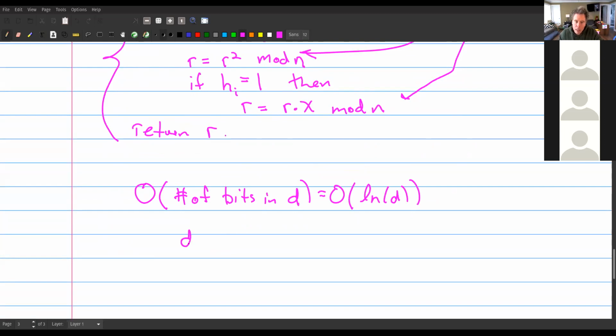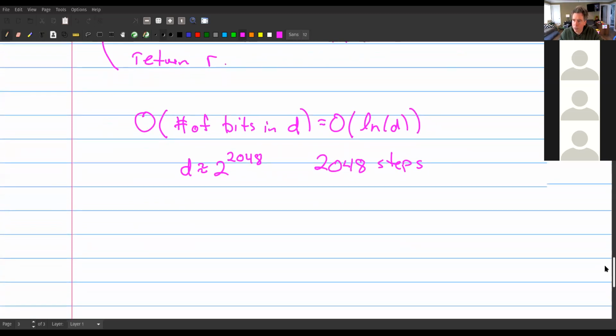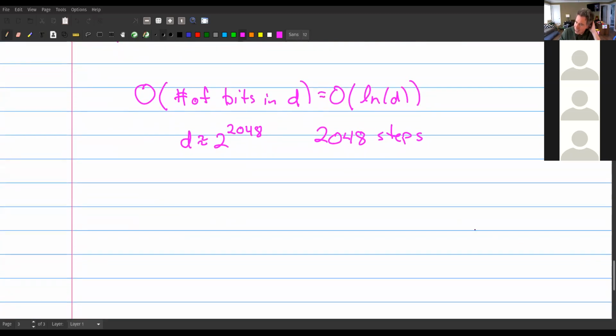If D is approximately 2 to the 2048, then this will run in about 2048 steps, which is kind of amazing that you can do such big exponentiation so fast. These numbers are just ridiculously huge.